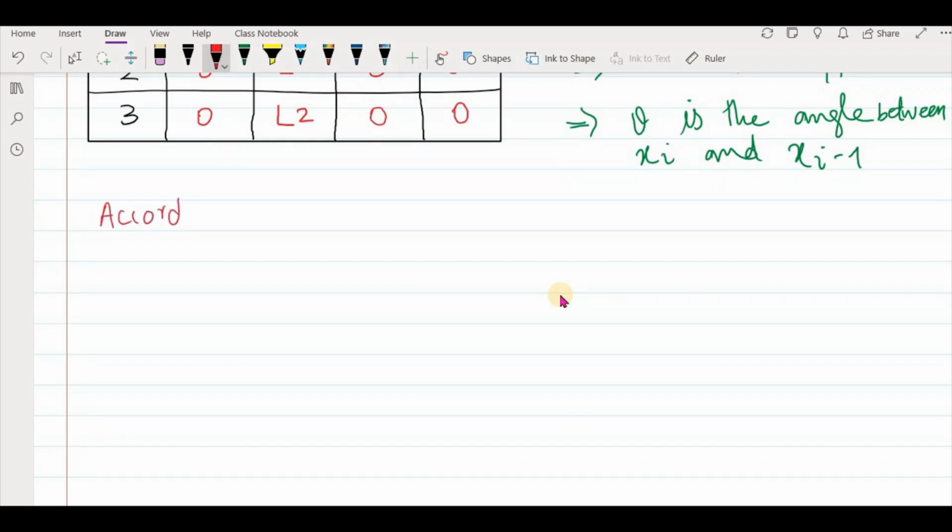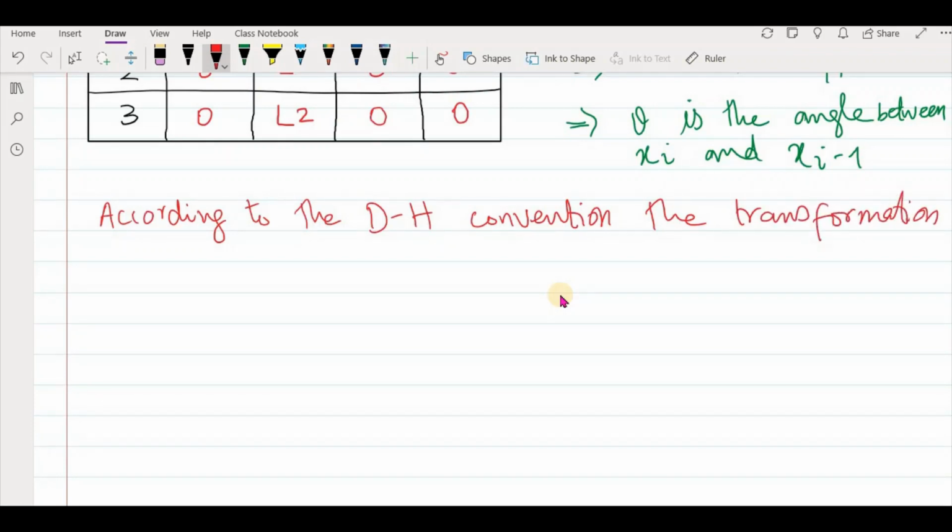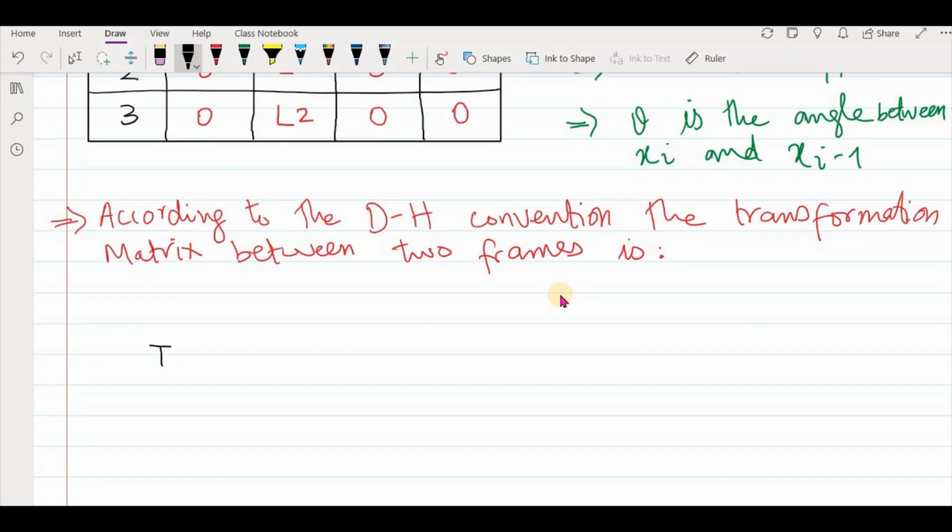So according to the DH convention, the transformation matrix between two frames is, so now we mention this matrix again, but keep in mind this matrix is a little bit different than the one we calculated previously.